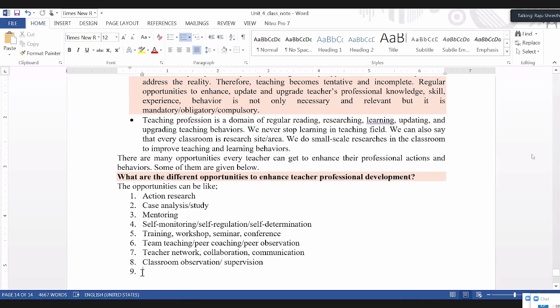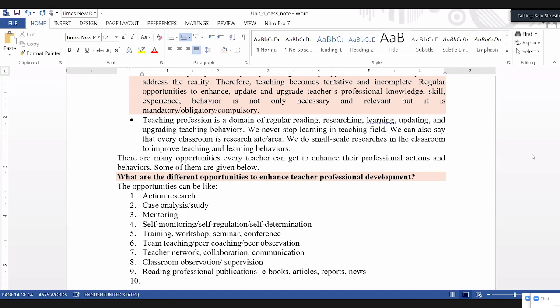Like reading professional publications. We read many ebooks, articles, journals, research reports, books, news. We read and we update. These are different sources of updating professional knowledge.